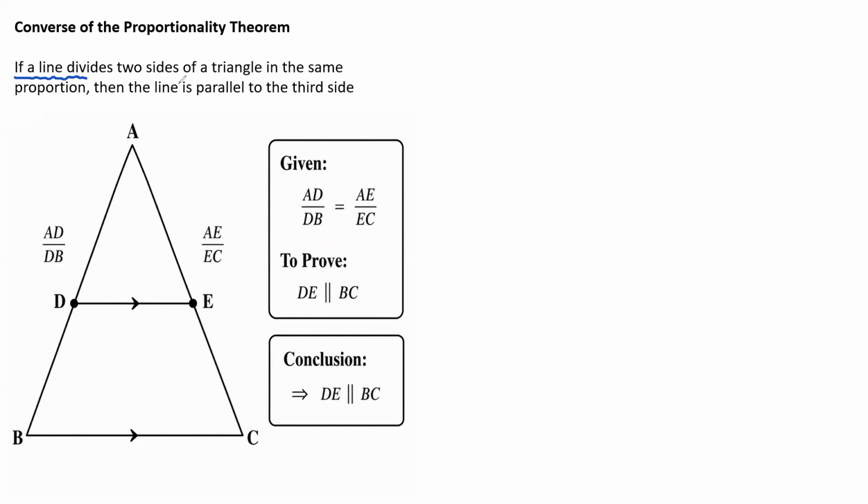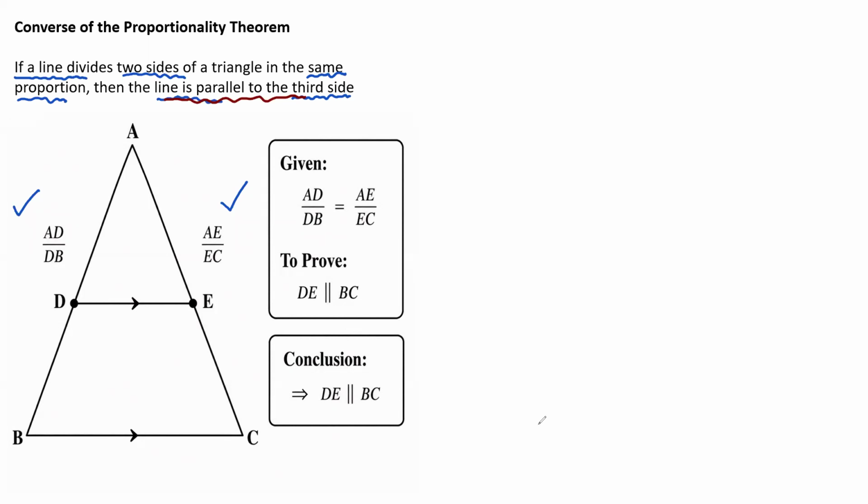If a line divides two sides of a triangle in the same proportion, then it means that line is parallel to the third side. So the line DE, by dividing this side and that side in the same proportion, we can then safely conclude that the line DE will be parallel to the third side of the triangle. This being your converse of the proportionality theorem.